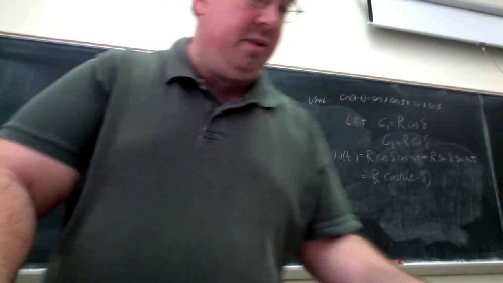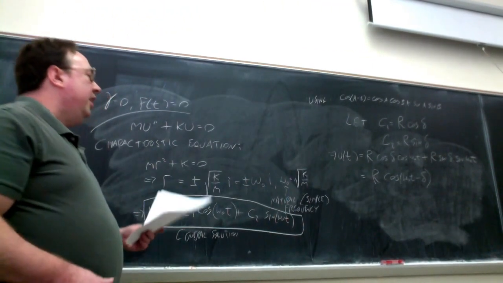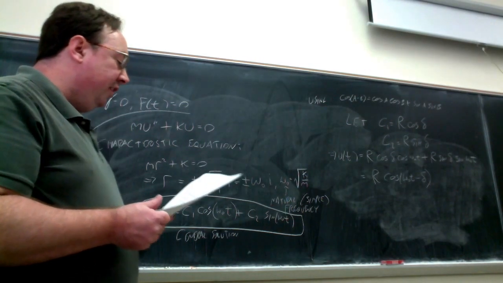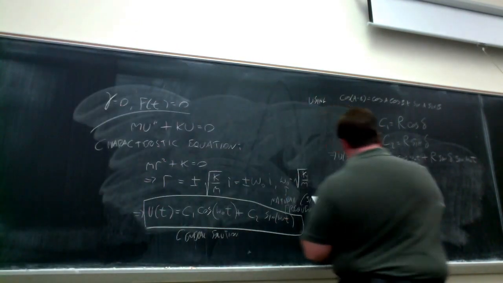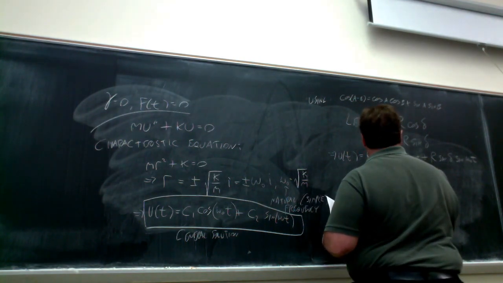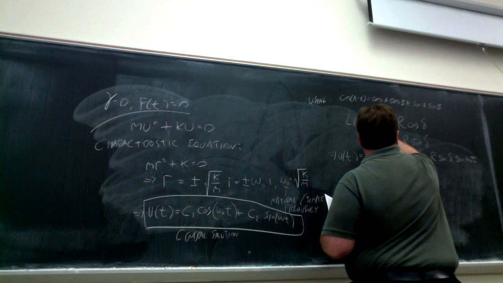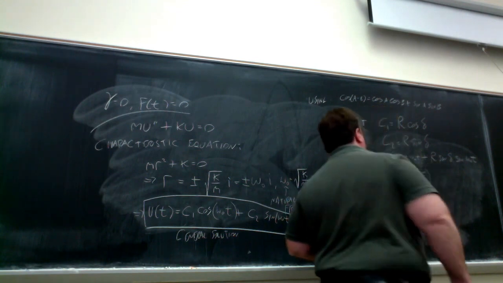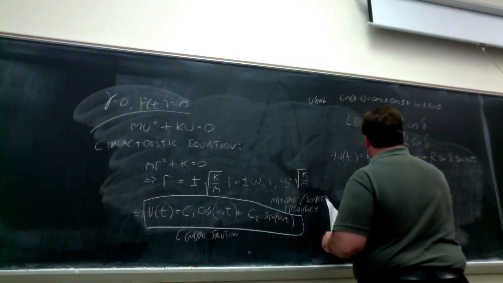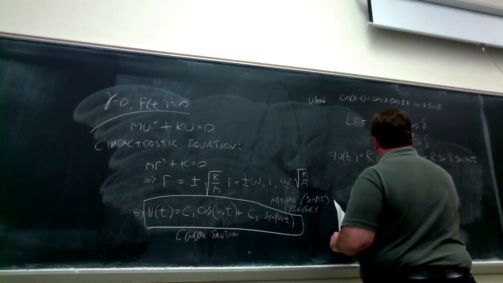Okay, so as for why the solution is written in this form, that's useful to us because R, if I were to take both these equations and square them and add them up, what you find is that R is the square root of C1 squared plus C2 squared.